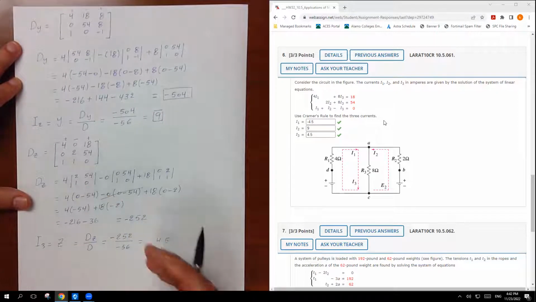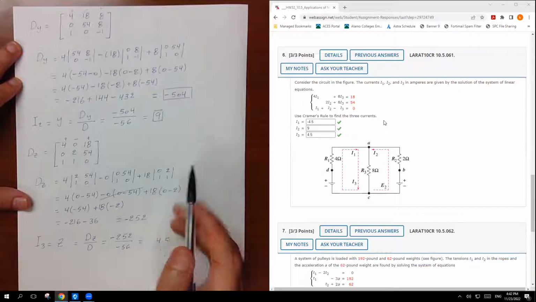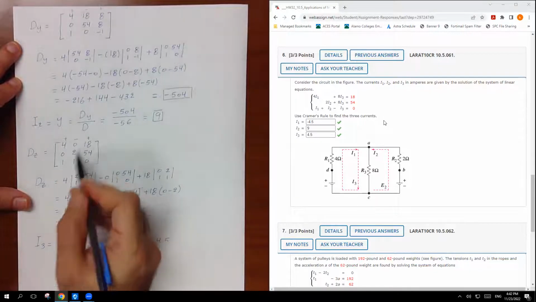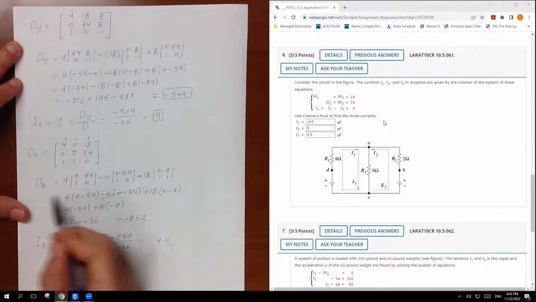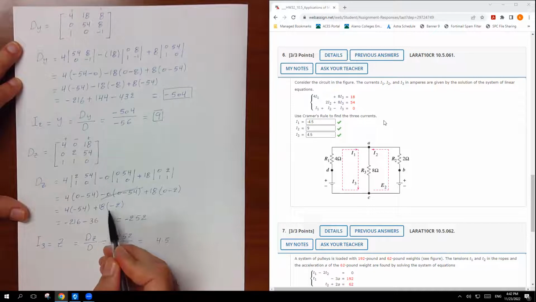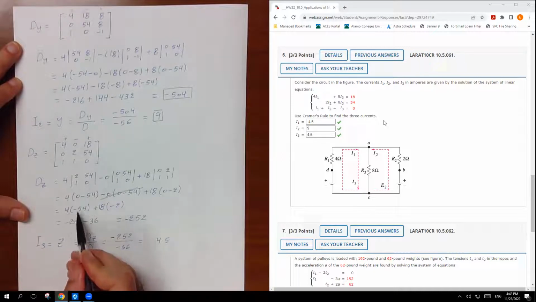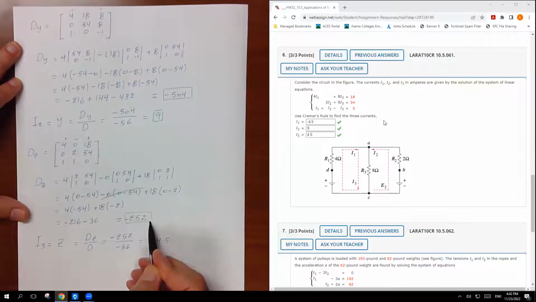dz, we're going to substitute b with the third column on matrix A. So here's the third column. So it could be plus, minus, plus. dz, find this is 0. This one is going to be 18 times negative 2, 4 times negative 54. Do the math, it is going to be negative 252.